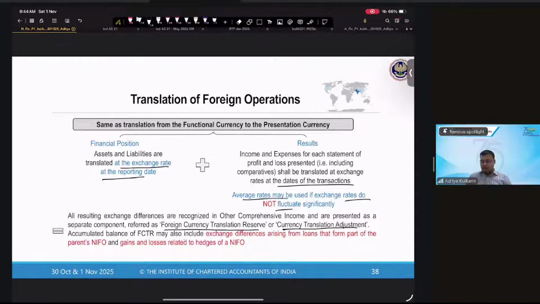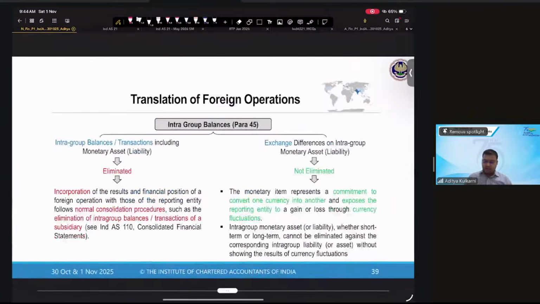Accumulated balance of FCTR may also include exchange differences from loans that form part of parent's NIFO. Anything different from what we have discussed? This is exactly what we have discussed, right? Yes, sir. So no difference. It's the same thing.